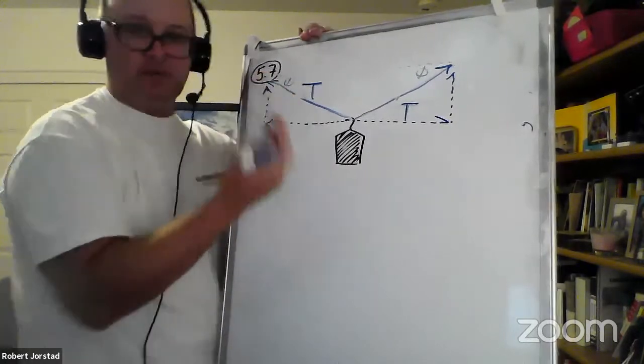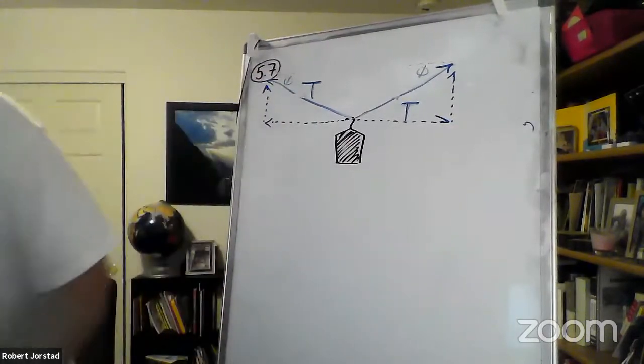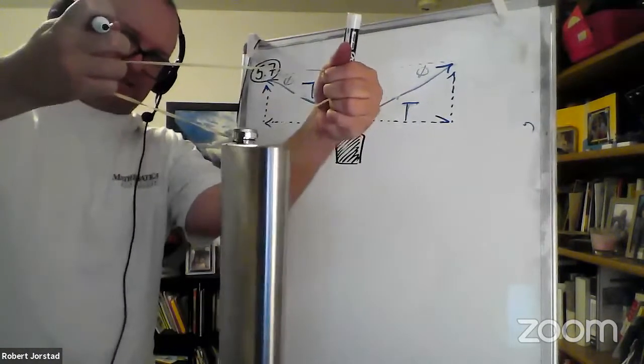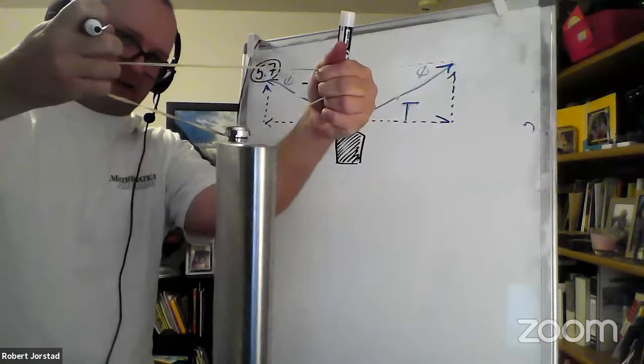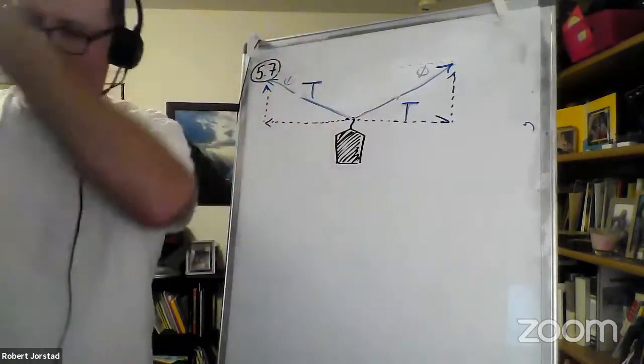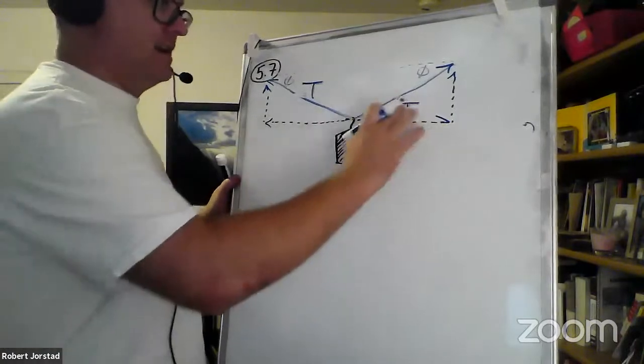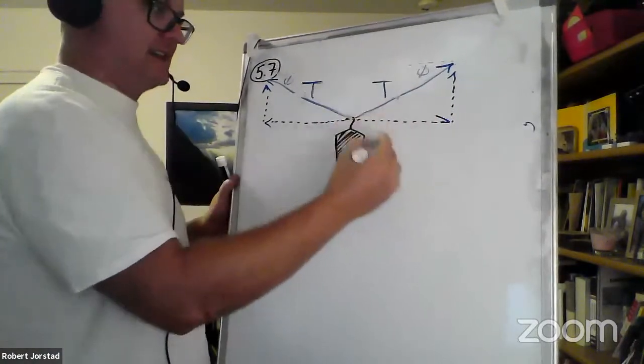Otherwise, this thing wouldn't be balanced. I could see from hanging it here, it's balanced left and right. It's not accelerating left or right. So now I know this tension and that tension are the same.